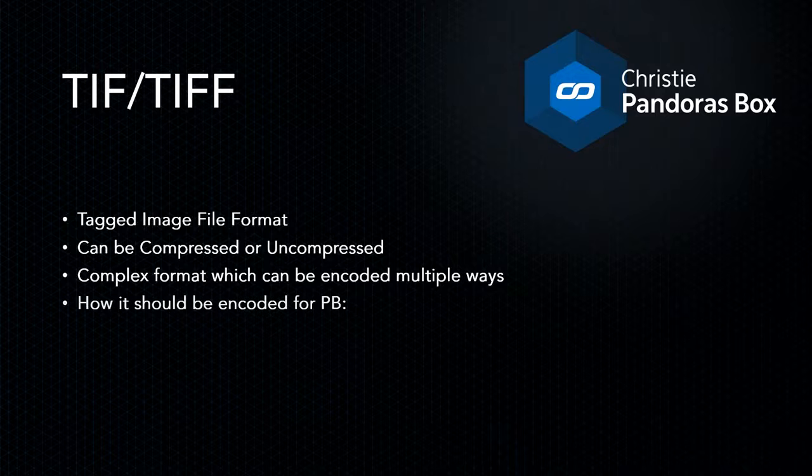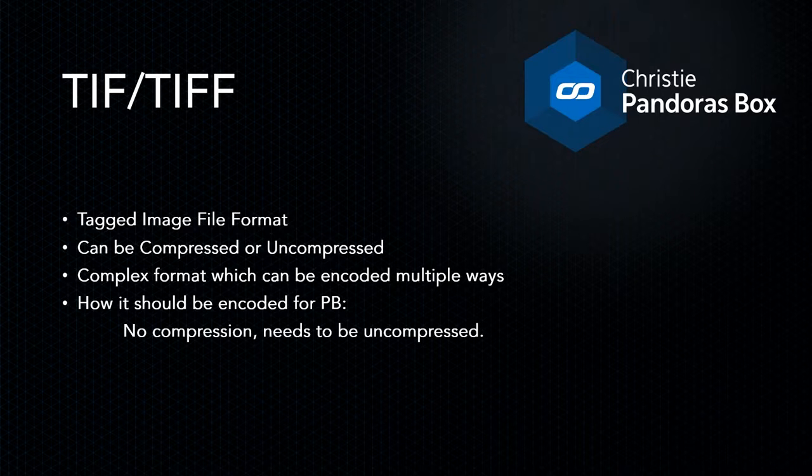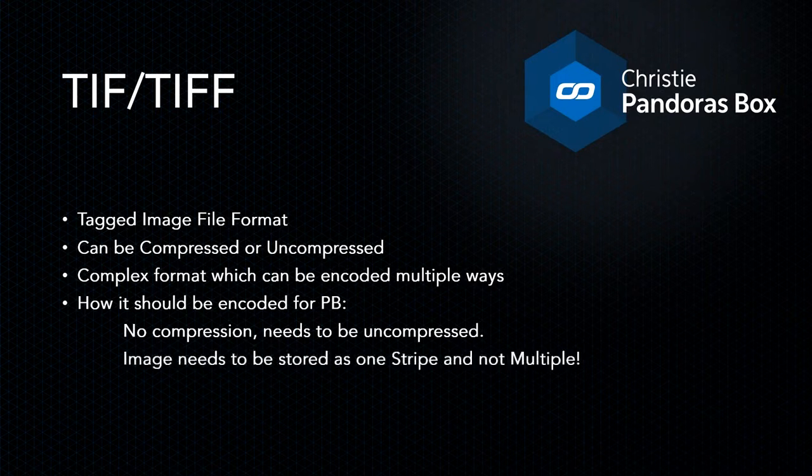And the way you do it in Pandoras Box, you use no compression, because this needs to be uncompressed. The image needs to be stored in one stripe and not in multiple stripes. For those who use TIFF and are a bit more advanced, I think Adobe does that itself. So that's actually it.